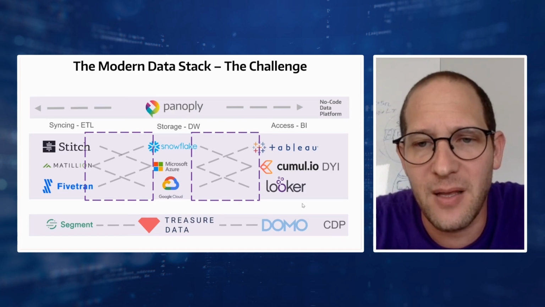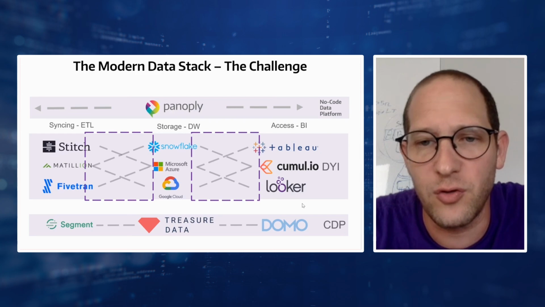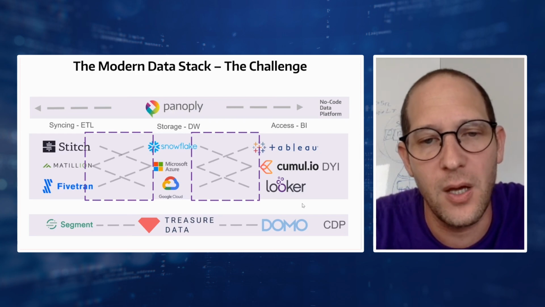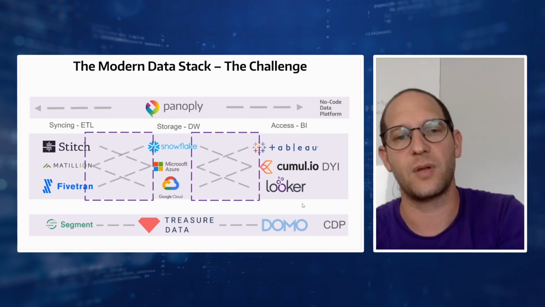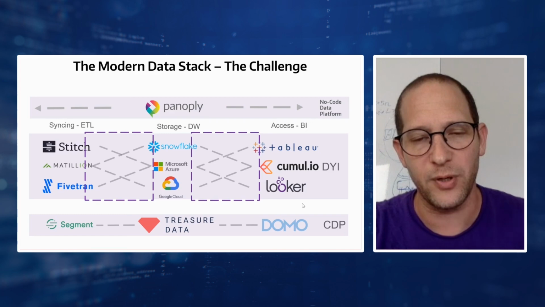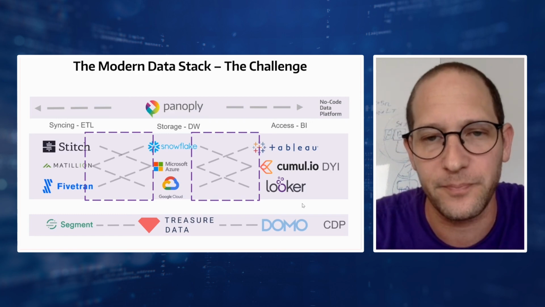Which means that the analysts are still dependent on the data engineers to do their job properly in order to access information. Which means the business users that are dependent on the analysts are dependent on the engineering sprints in order to access their information.